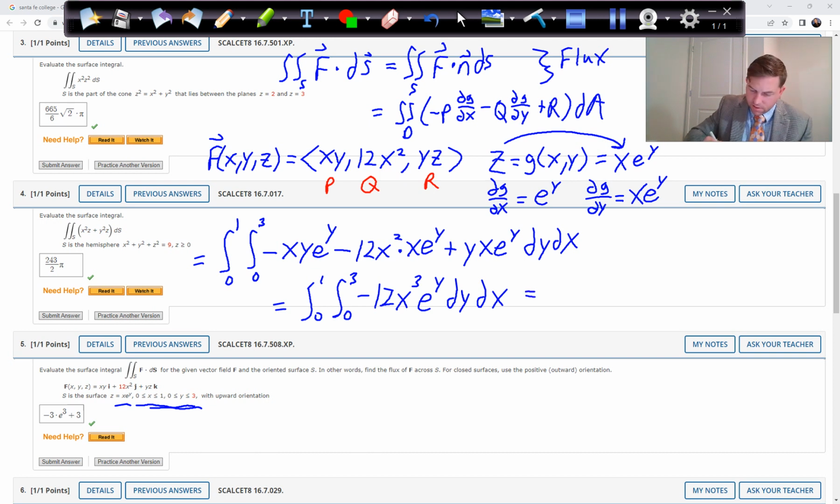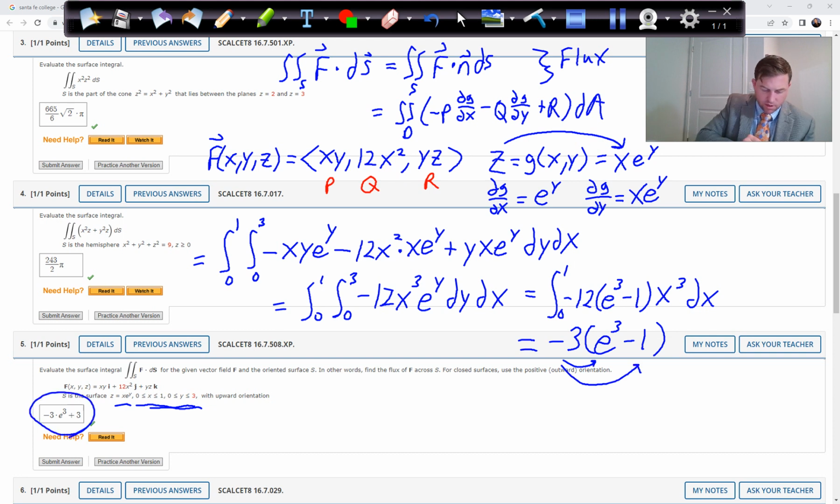And if you do the first integral with respect to y and plug in 3 and 0, you're going to get negative 12 times e to the third minus 1, that's the e^y being 3 and 0, then the x cubed, then the dx. And if you take the antiderivative of that and plug in 0 and 1, you should get, at the very end, when you combine like terms and simplify, negative 3 times e to the 3 minus 1. And I think I just distributed this minus 3 to get to this point here.